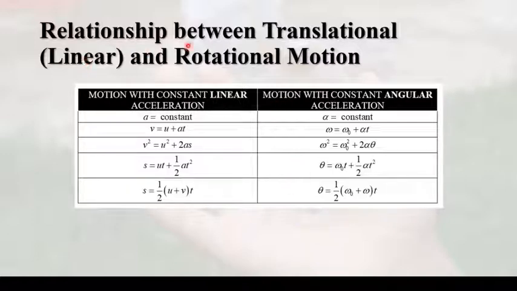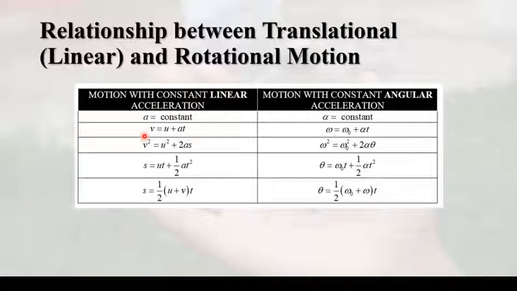So the relationship between translational motion and rotational motion: we have seen them variable by variable. Now we're just going to replace the variables in the four linear equations that you have learned in chapter 2. Acceleration in chapter 2, we use a. In chapter 8, we use alpha. Just now we said velocity v, we replace it with omega. Initial velocity u, we are going to use omega naught.